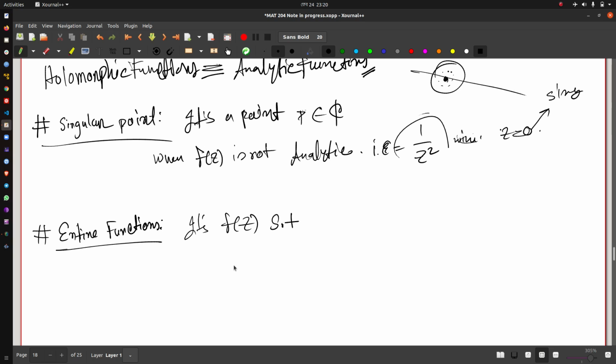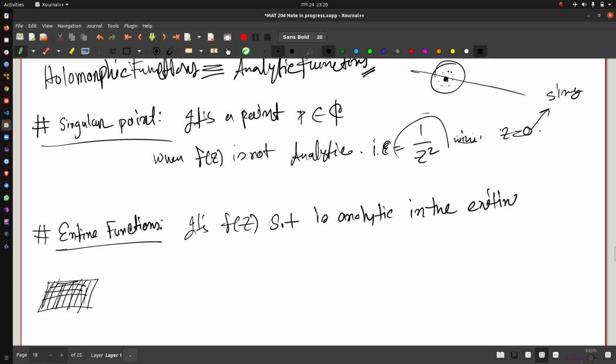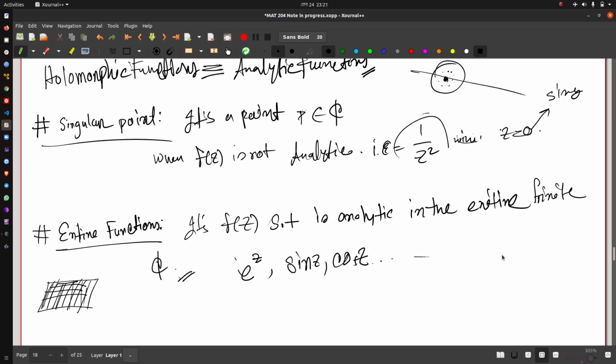That means you take your finite complex plane, the entire complex plane, and it is such a function that is analytic in the entire finite complex plane. Examples would be e to the power z, sine of z, cosine of z, and so on.